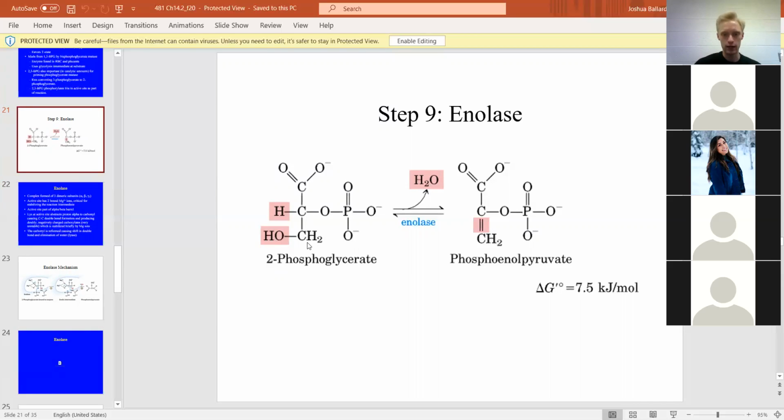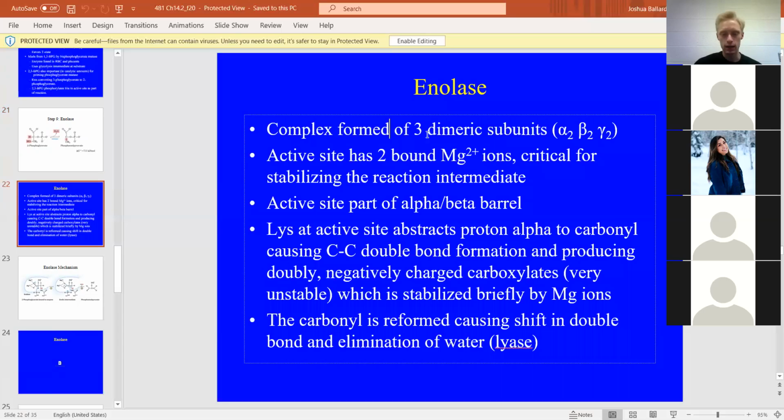And it's just like a simple water removal, we're removing water to form an alkene here with this phosphate group on the second carbon. And enolase has 3 dimeric subunits. So you have 2 alphas, 2 betas, and 2 gammas.